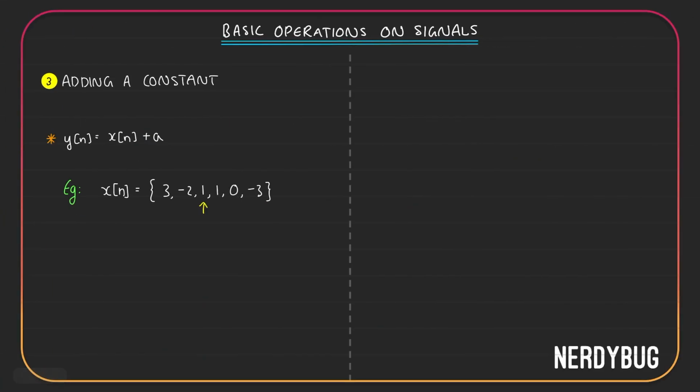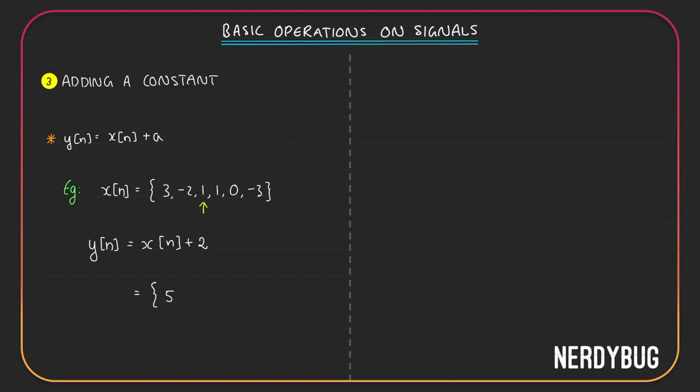Let us see what happens in the case of a discrete time signal. Y of n is x of n plus a. Let's say x of n is 3, -2, 1, 1, 0, -3, where 1 is the middle term. And I want to find out y of n, which is x of n plus a constant 2. What happens is every term gets 2 added to it.